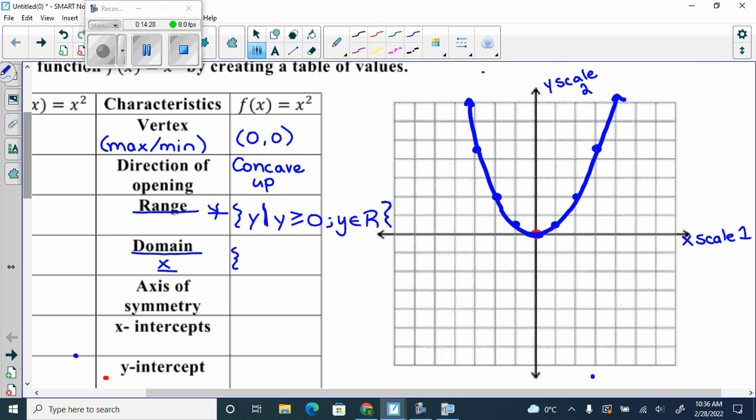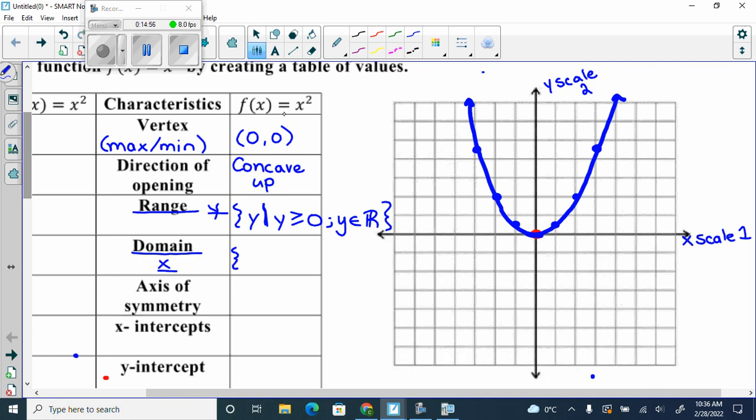Now you can do a single R like this, or you can do a double lined R. It means the same thing. In university, they'll always do a double lined R, an R with a line. I always just did 2 lines and then drew an R. But if you do it as just an R, they'll accept it.